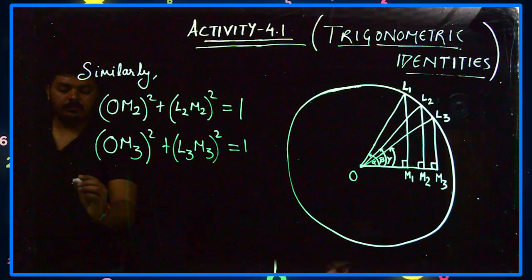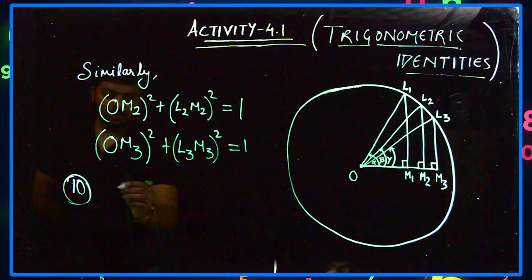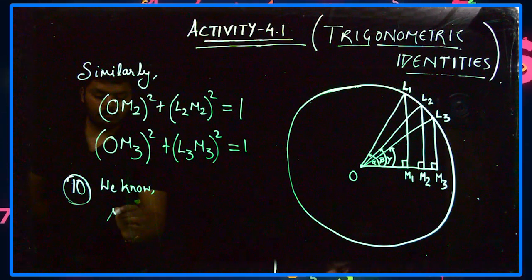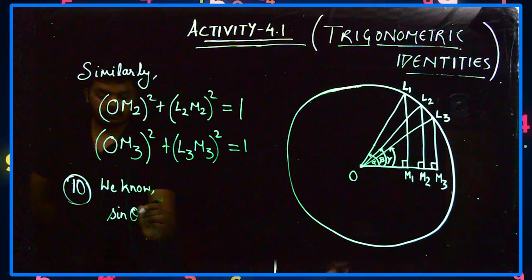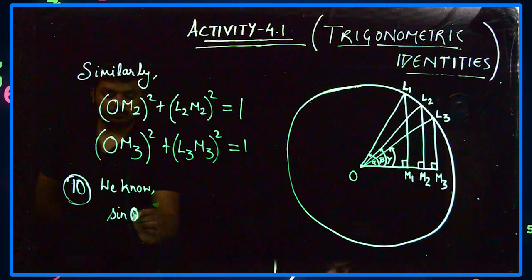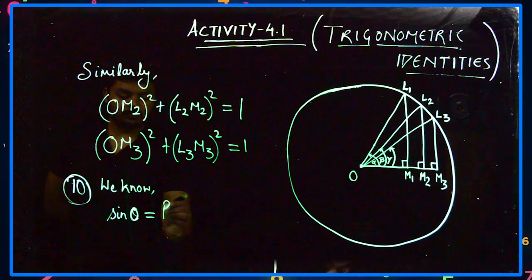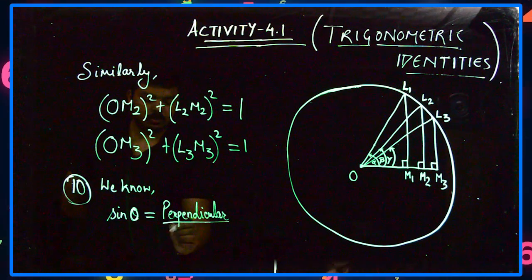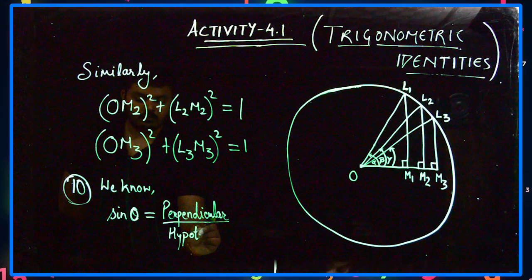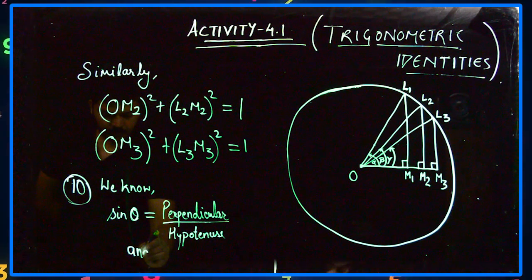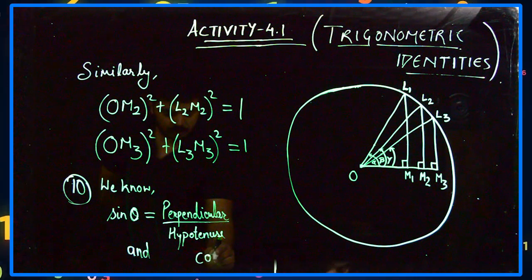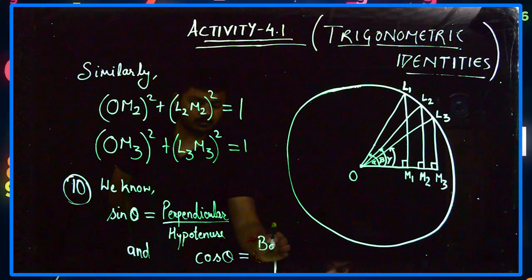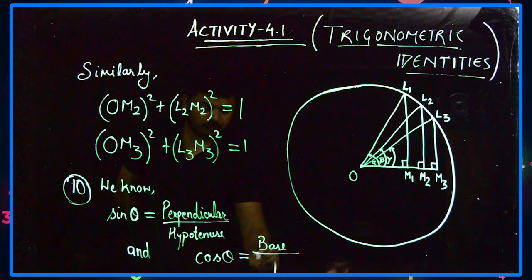Now, step 10. We know that sin theta is equal to perpendicular upon hypotenuse and cos theta is equal to base upon hypotenuse.